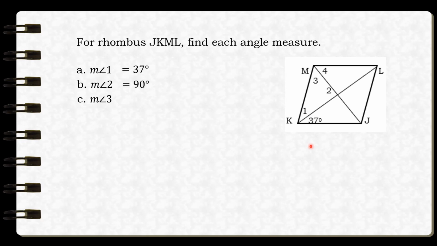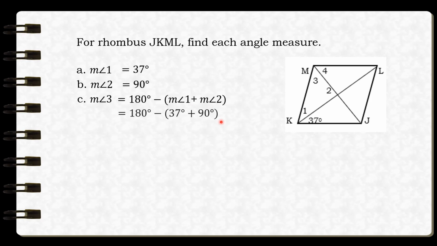Next, what is the measurement of angle 3? So this is angle 3, and this figure is a triangle. And the sum of the interior angles of a triangle is equal to 180 degrees. So if the measurement of angle 1 is 37, and the measurement of angle 2 is 90, to be able to get the measurement of angle 3, we will be using the formula 180 minus the measurement of angle 1 plus the measurement of angle 2.